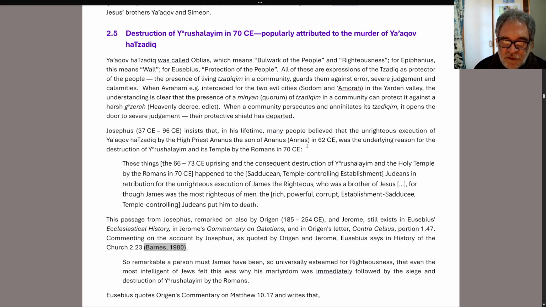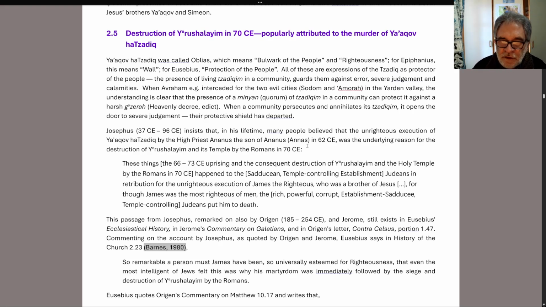For though James was the most righteous of men, the rich, powerful, corrupt establishment Sadducees, temple-controlling Judeans, put him to death. This passage from Josephus, remarked on also by Origen and Jerome, still exists in Eusebius' ecclesiastical history, in Jerome's commentary on Galatians, and in Origen's letter Contra Celsus.